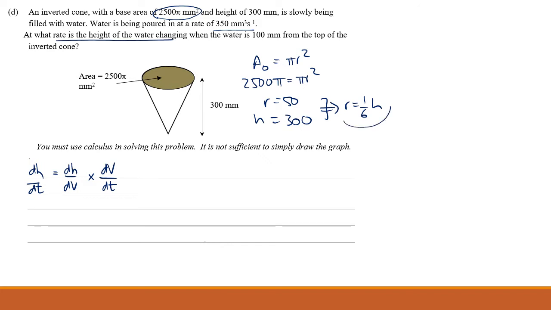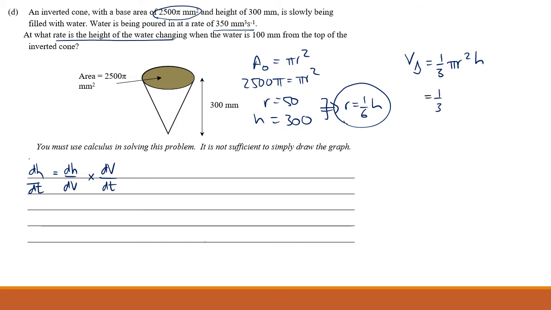Now what this will allow us to do is use the volume of a cone formula, which is 1/3 pi r squared h, and substitute in there. So we've got a function for volume with respect to height.